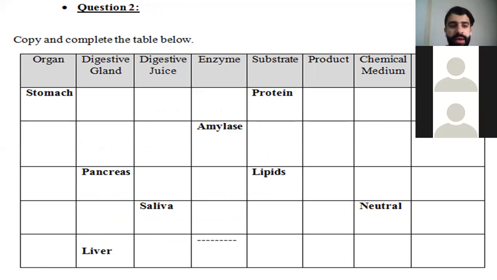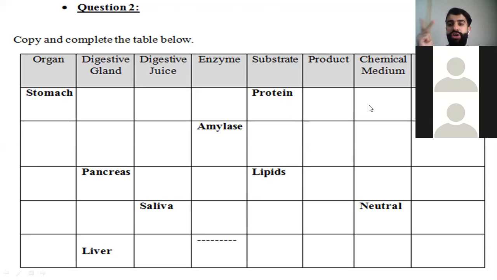Gastric gland. It secretes a juice called gastric juice. It contains the enzyme pepsin. It works on proteins to give what? Polypeptides. Very good.